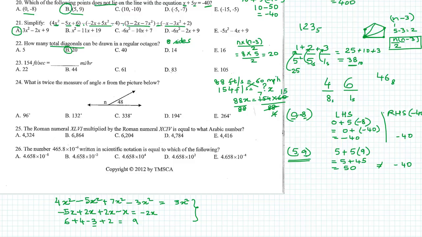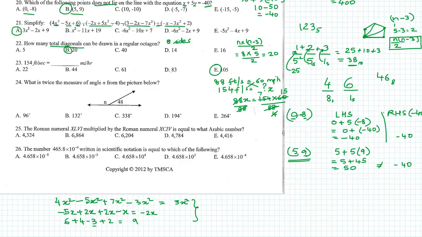So we can cancel 88 and 88 also on the left side. So x is equal to 7 times 15, which is 105. So I'll select E as the answer.